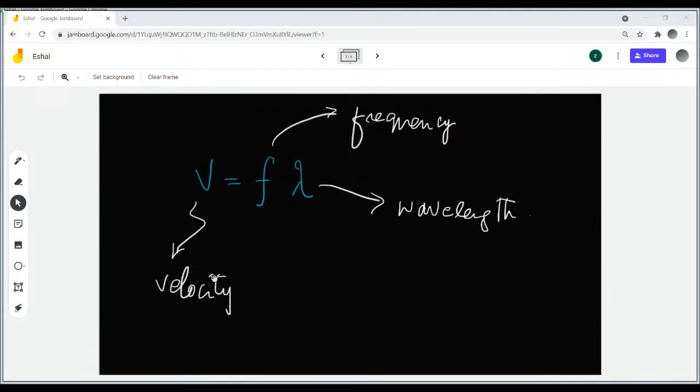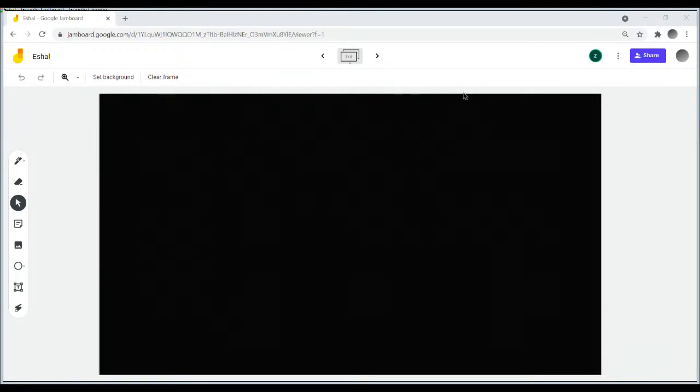Next thing that we have got is wavefront and rays. So iski definition likh lete hain. Wavefront. Wavefront hamare paas kya hota hai?